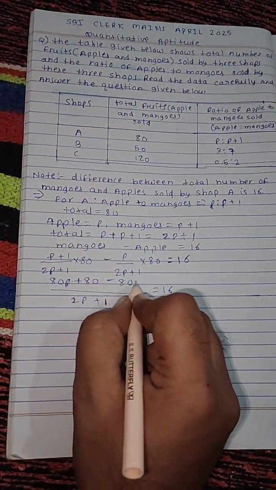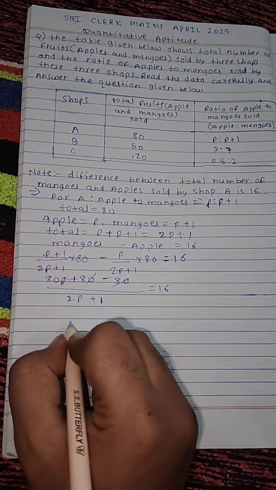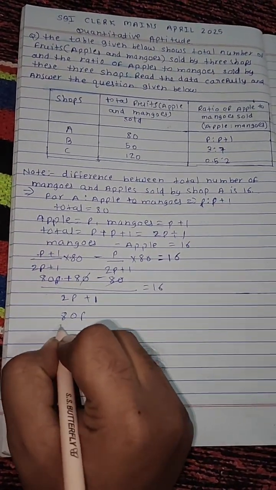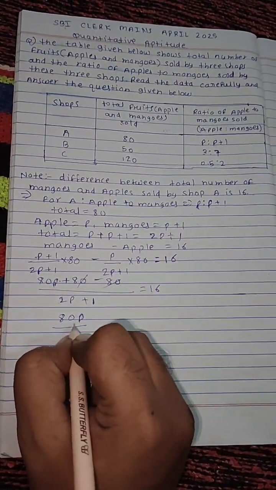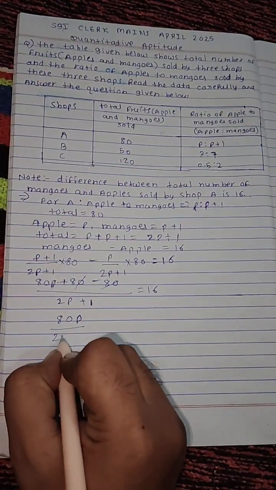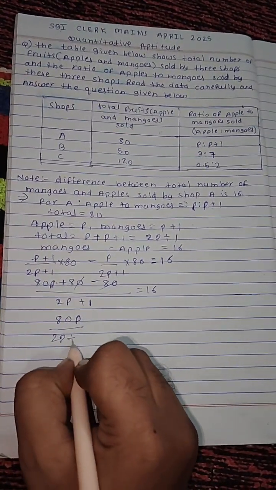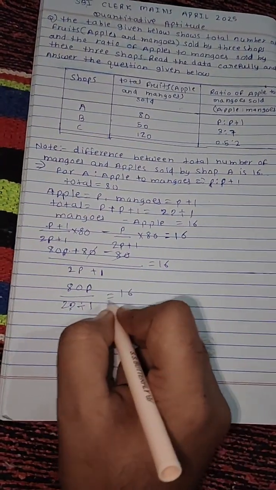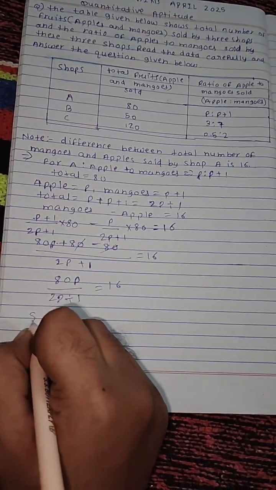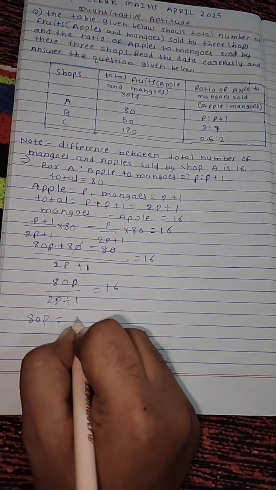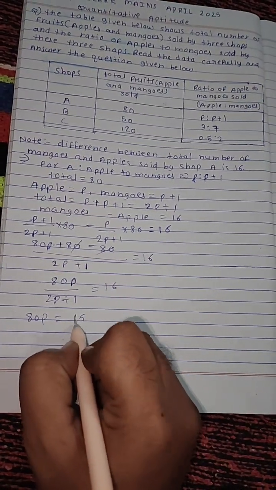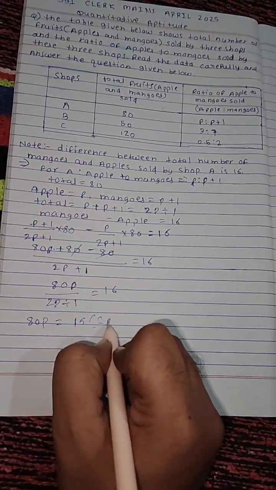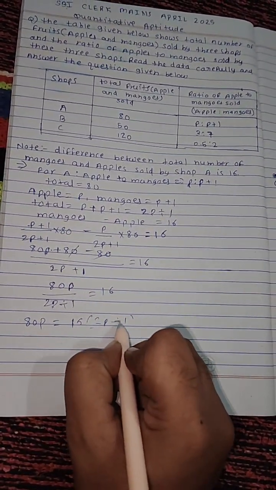So here 80P and 80P will cancel, and we can cross multiply: 80 equals 16 into 2P plus 1.